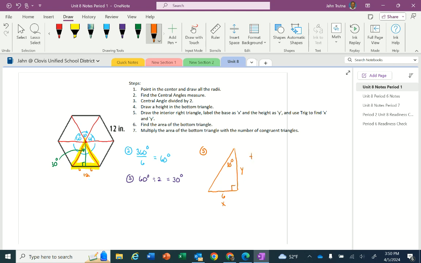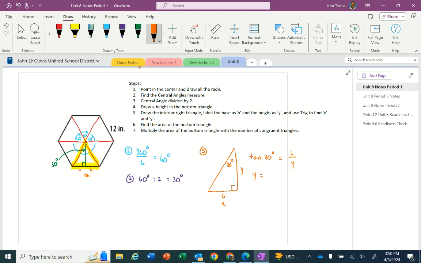So I'm going to use tangent, opposite over adjacent. So my equation is tangent theta, theta is 30 degrees, is equal to opposite side, which is 6, over adjacent side, which is Y.